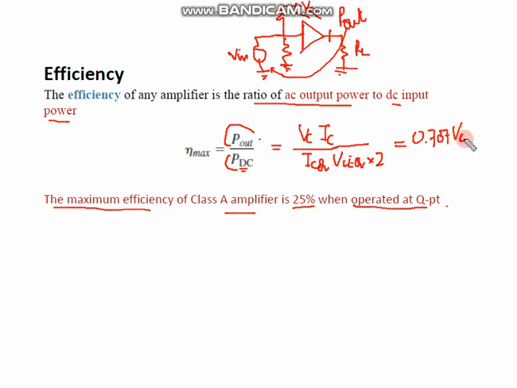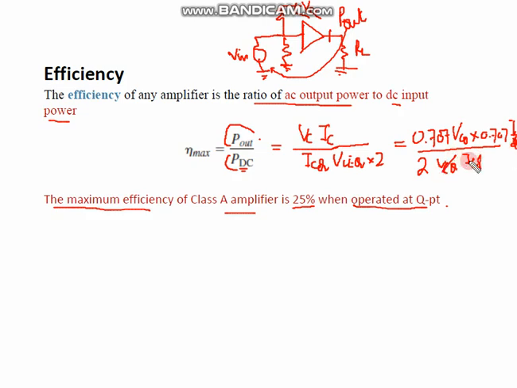This would be RMS, again 0.707 times the current value IC, divided by 2 VCQ times ICQ. I can also write VCQ for the quiescent point, since I'm interested in the quiescent point, so I can write the subscript VCQ and ICQ.